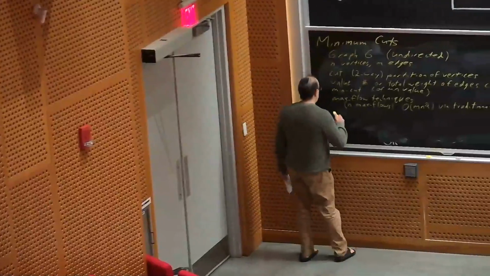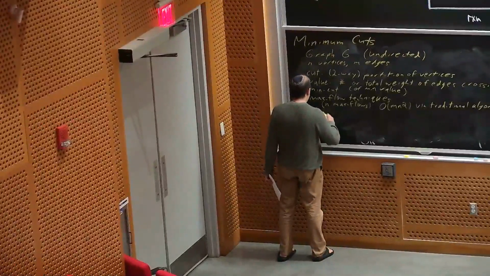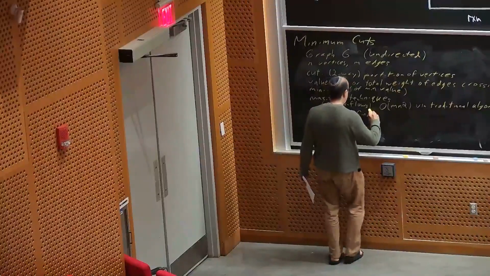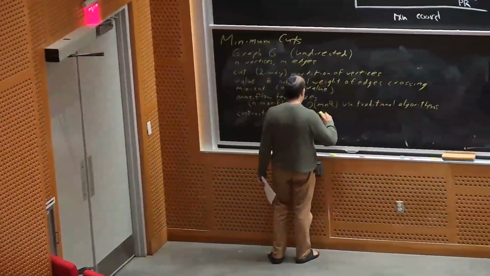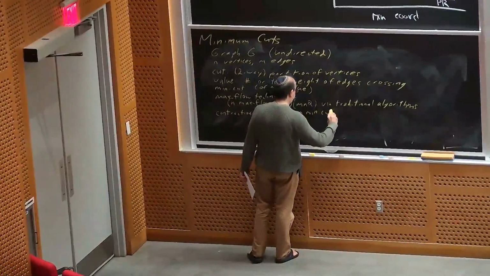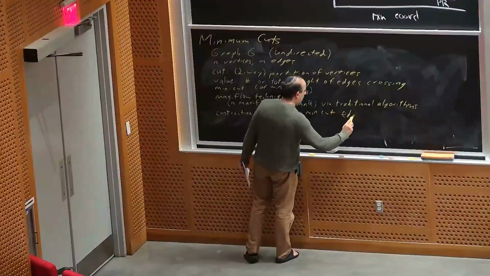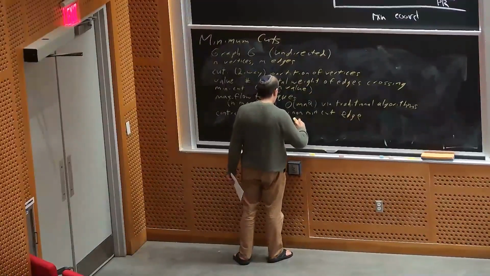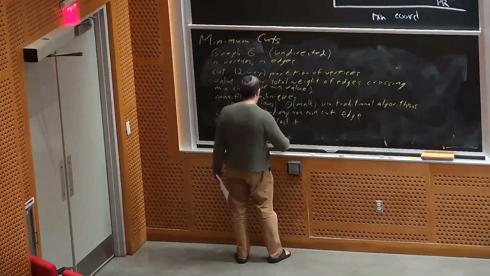But in the early lectures, I also talked about a contraction-based approach, right? Find any non-min-cut edge and just contract it, right? This doesn't change the min-cut.